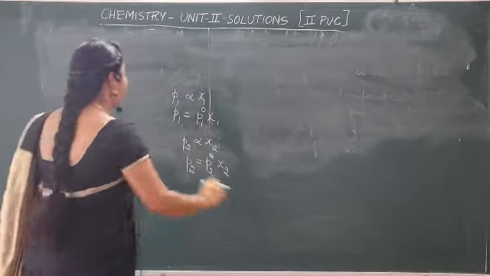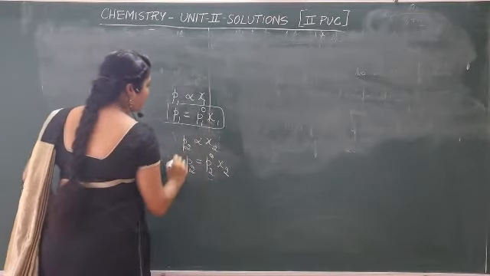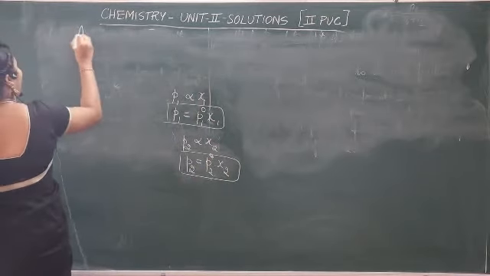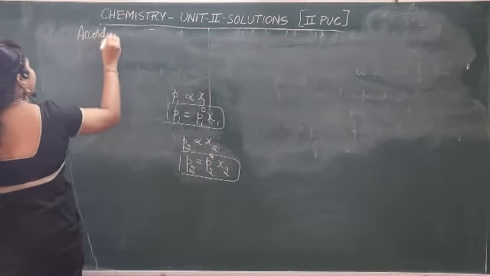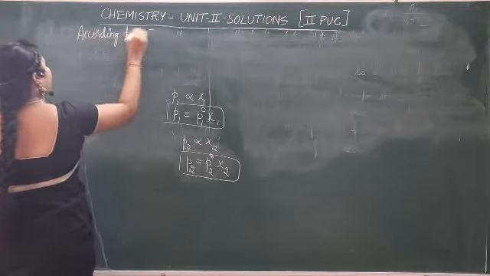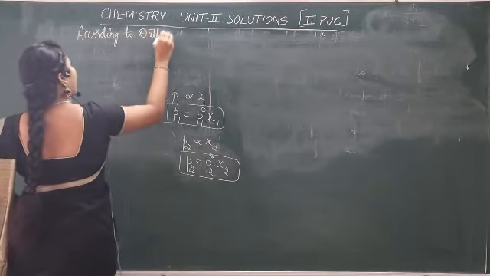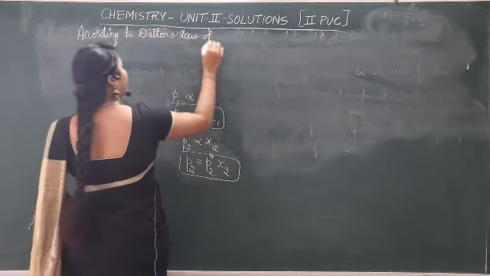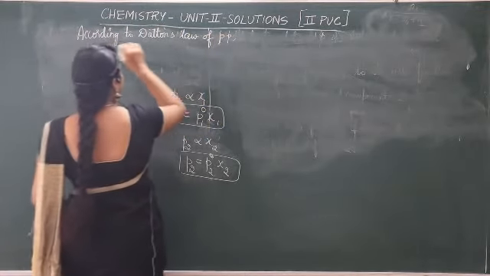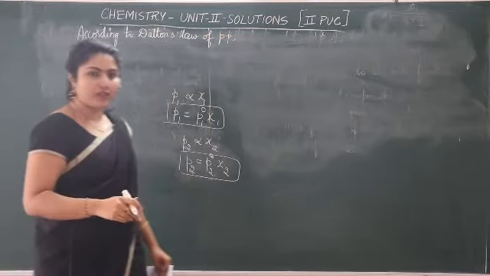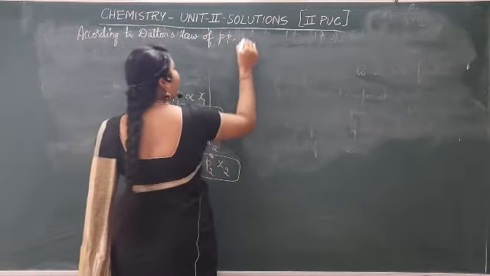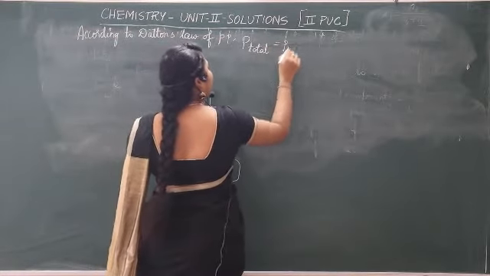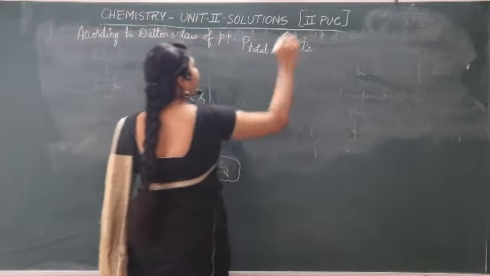So we have these two expressions now. Now, according to Dalton's law of partial pressures, total pressure is equal to the sum of partial pressures. Do you agree with it?